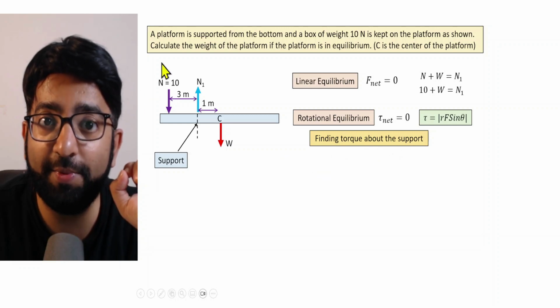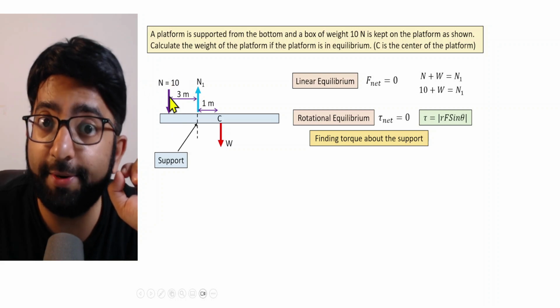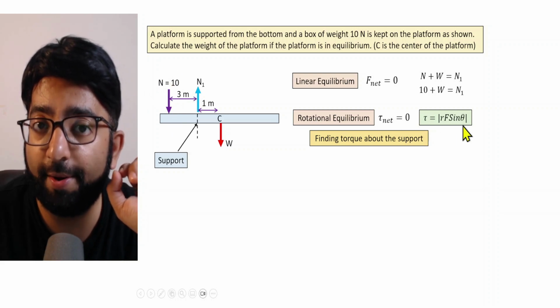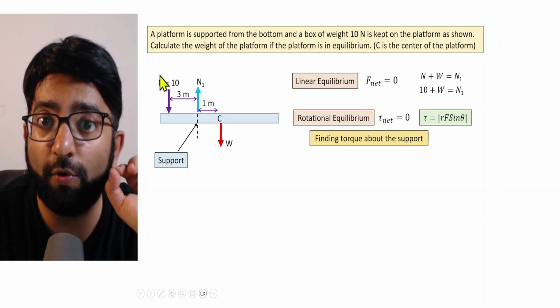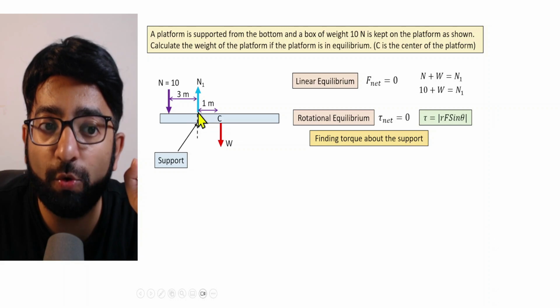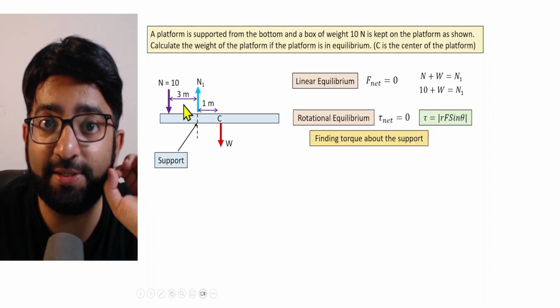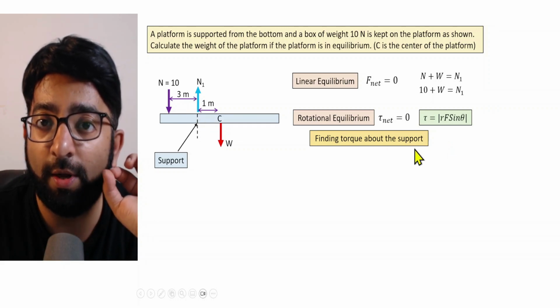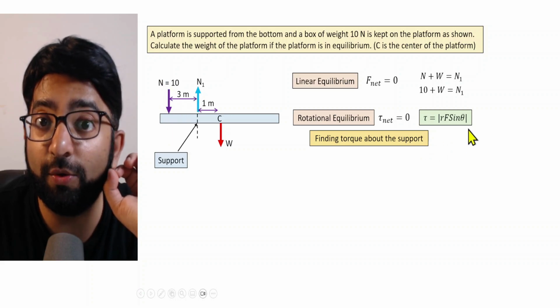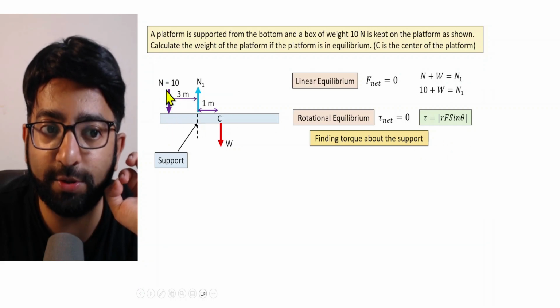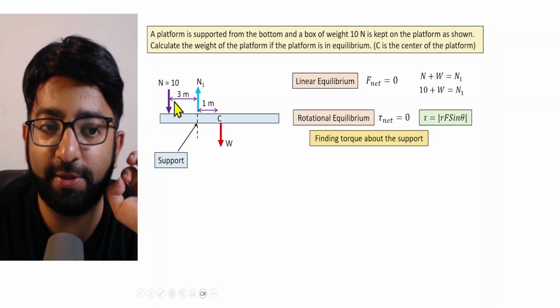All right, so we'll start from the extreme left. We have N equal to 10 newtons going downwards. For the torque due to this force, we will use the formula r F sine theta. The value of the force is 10 newtons. The distance of this force from the point about which torque is to be found is 3 meters. So the torque will be 10 into 3 into sine of the angle 90, because the force and the distance are perpendicular to each other, as you can see.